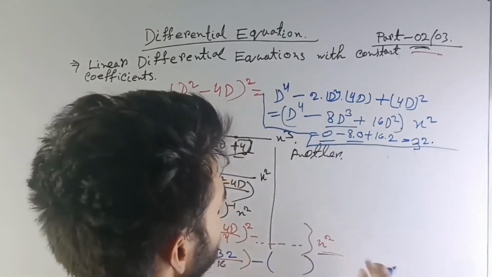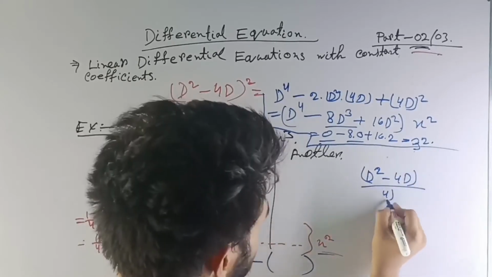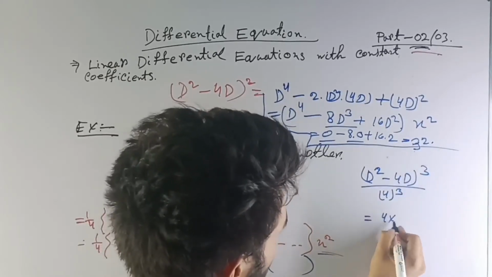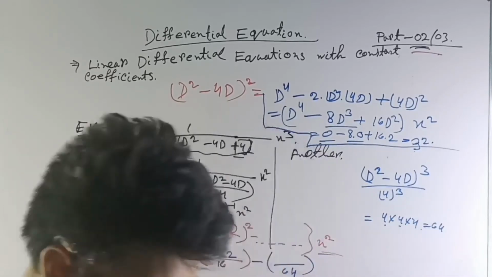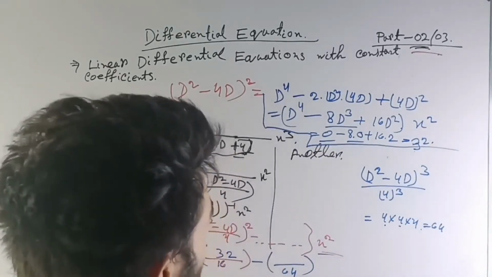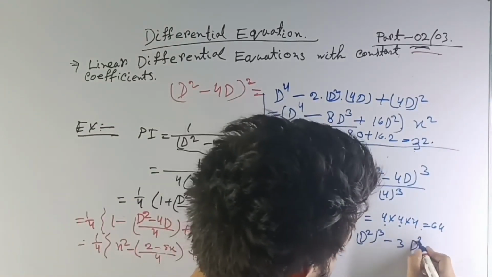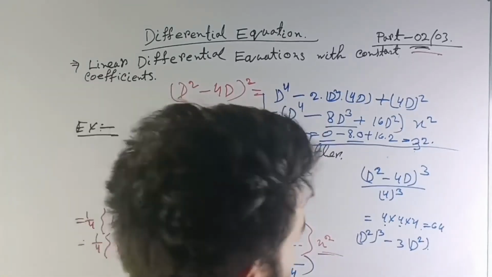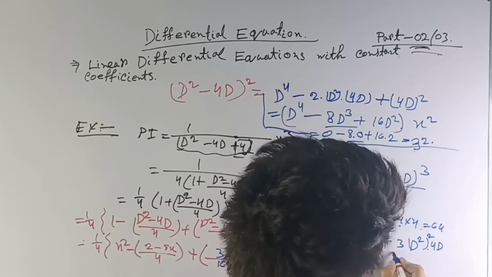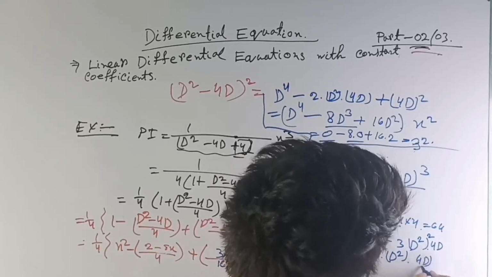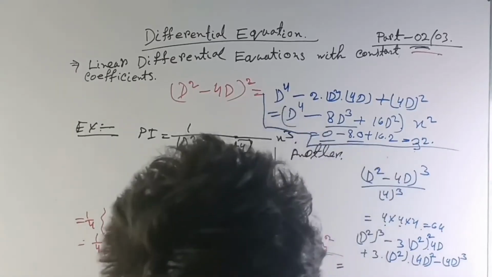So watching that, D square minus 4D by 4 to the power 3. So 4 to the power 3 means 4 times 4 times 4, that means 64. That's it. And now that means D square whole cube minus 3D square times of 4D. So that means D square plus 3D square times 4D square minus 4D cube.